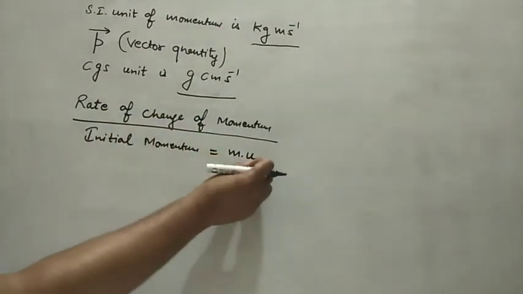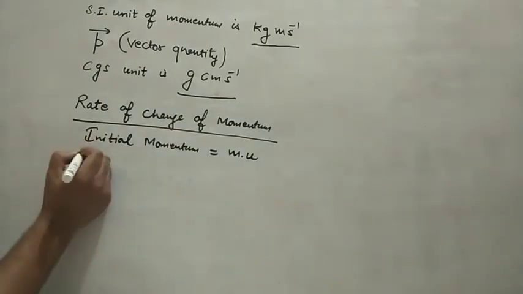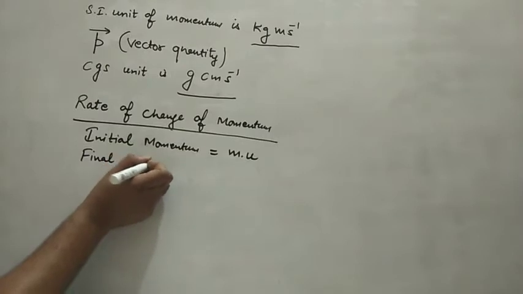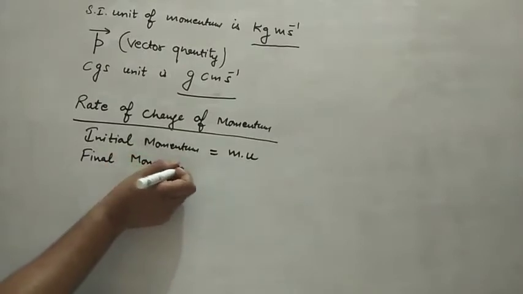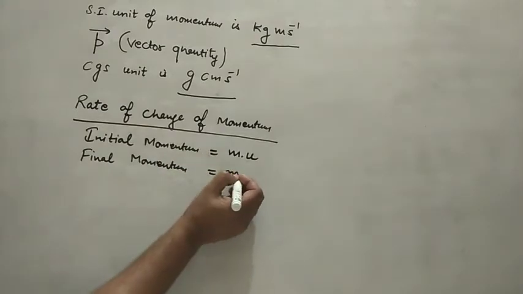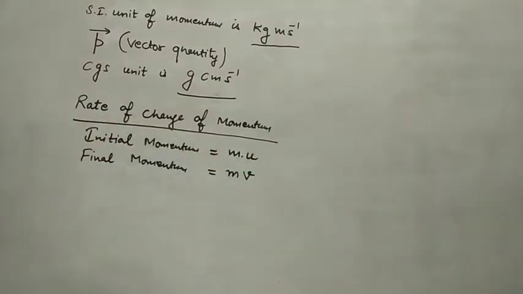M is the mass, u is its initial velocity. Then we have final momentum, because under the application of a force its velocity will increase from u to v. So finally it is moving with velocity v, and its momentum will become mv.